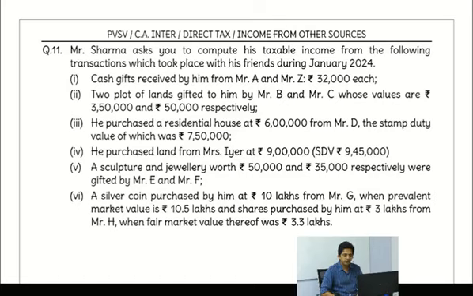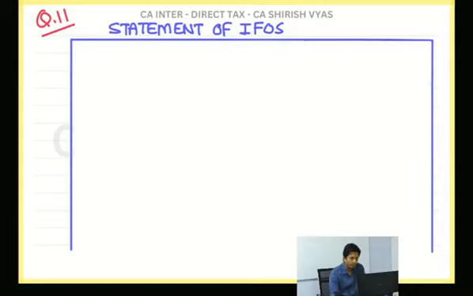See what is given. Ready? Do one thing. Keep the statement ready. Statement of income from other sources. Then we will discuss and solve simultaneously. Prepare the statement of income from other sources in the answer like this.